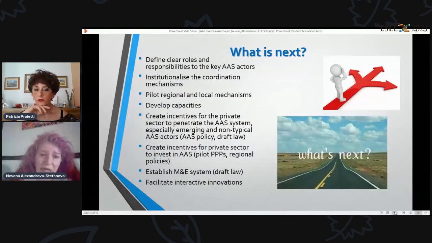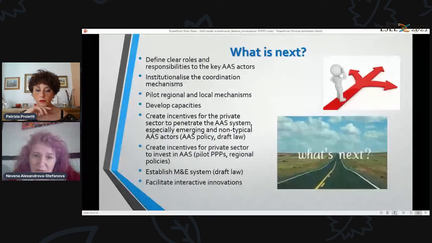What is very important is to be able to institutionalize the coordination mechanisms, and this we really work hard on together with other projects, in synergy with projects of bilateral donors, the European Union, or FAO-funded projects, and particularly with the working group in the Ministry of Agriculture that is developing the draft law for advisory services.